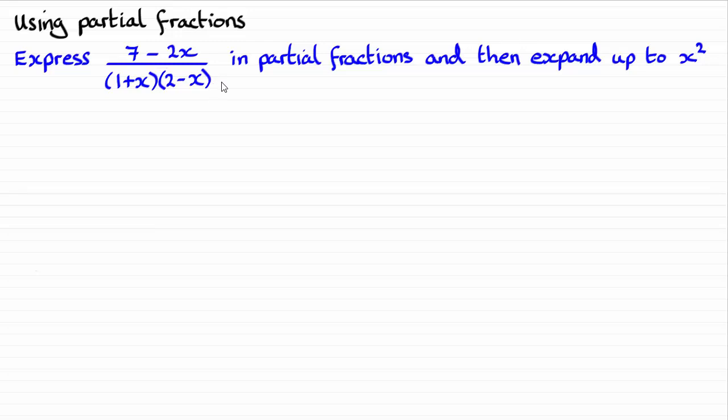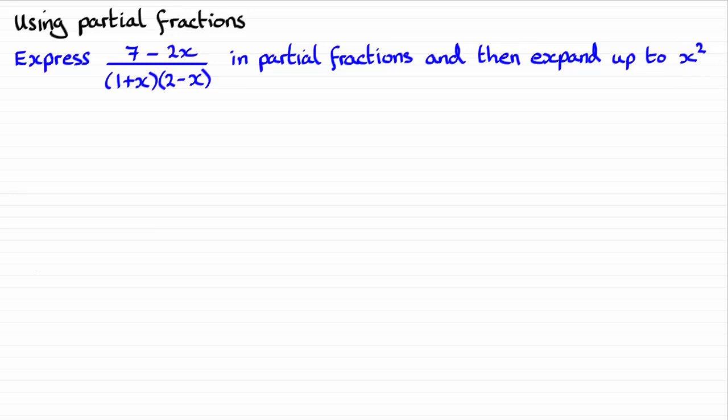So I've got an example here, 7 minus 2x, all divided by 1 plus x times 2 minus x. We're going to split it into partial fractions and then expand up to the term in x squared.